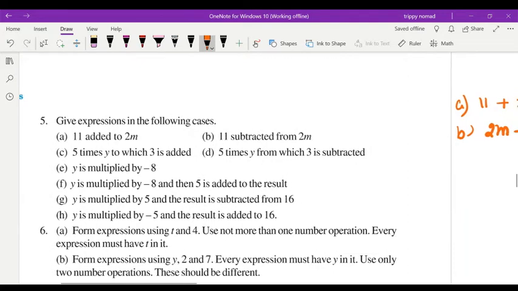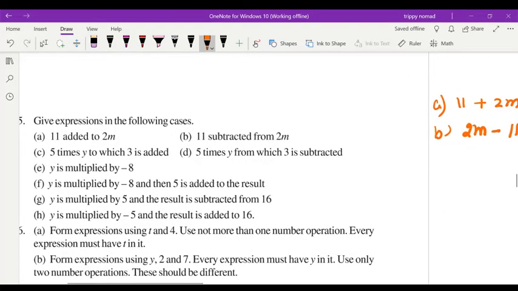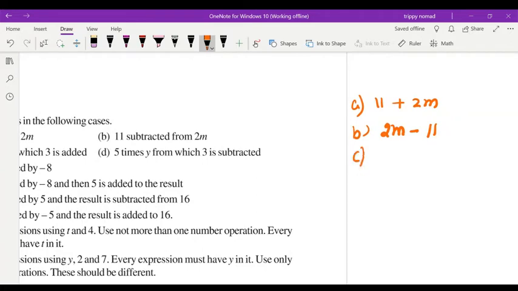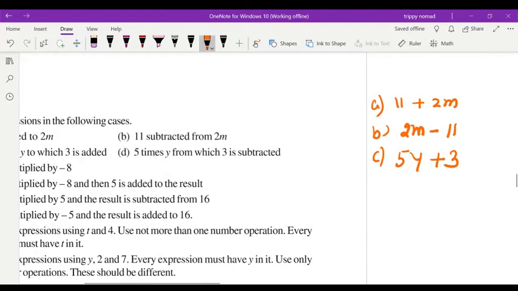Then 5 times 2y, to which 3 is added. That means 5 times 2y, 5y. What is added? 3. Then 5 times y, from which 3 is subtracted: 5y minus 3. This is the D part.